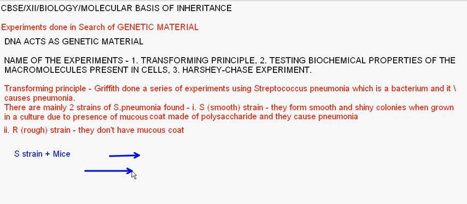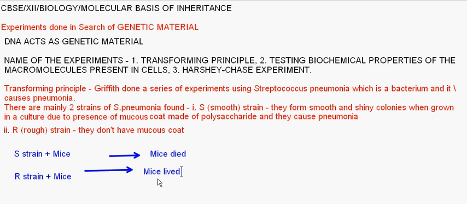In case of rough strain, the mice lived. R strain plus mice, mice lived. Because we know that smooth strain can cause pneumonia.